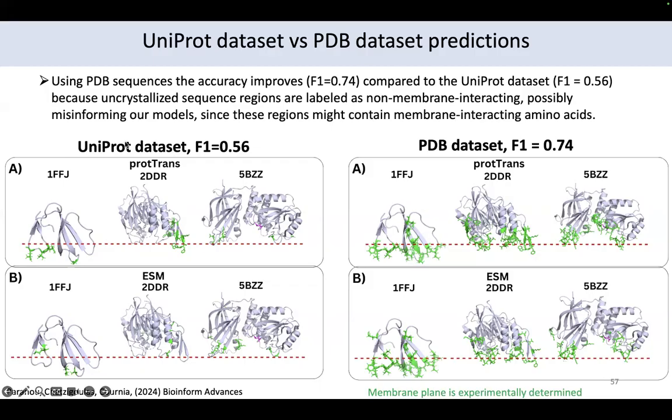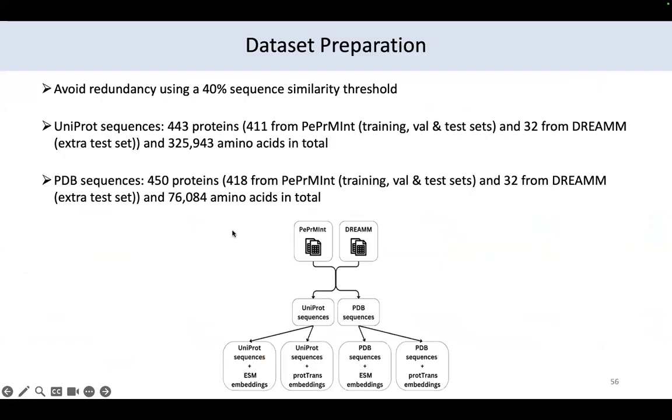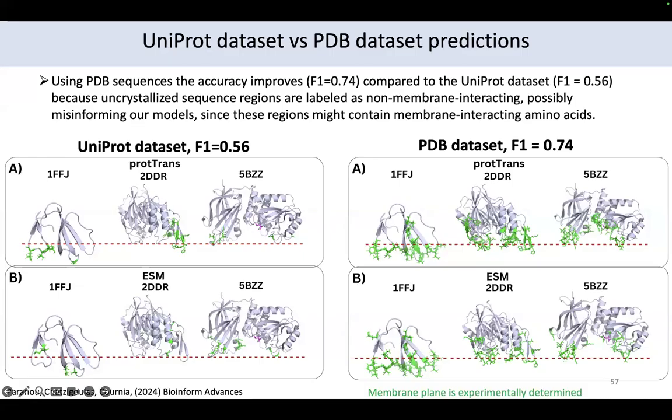When you label all the amino acids based on this database, you are missing some unresolved amino acids that may contact the membrane, and this confuses the algorithm, because if a residue contacts the cell membrane and you label it as non-contacting, then this is false information to the algorithm.